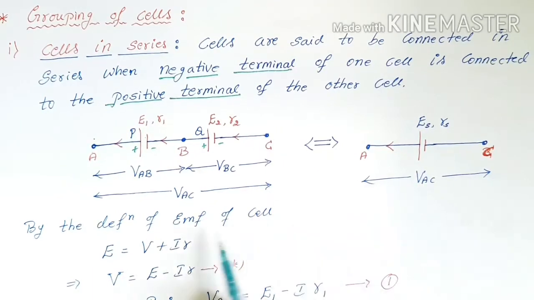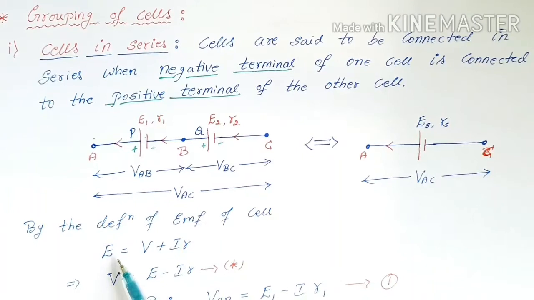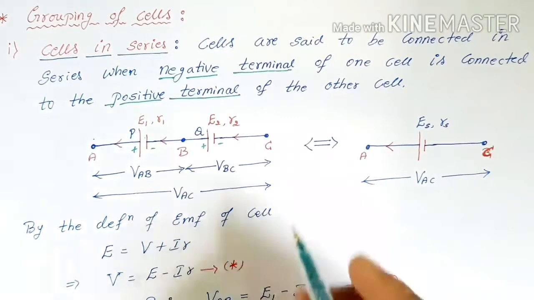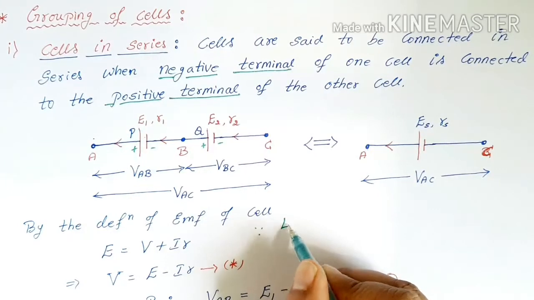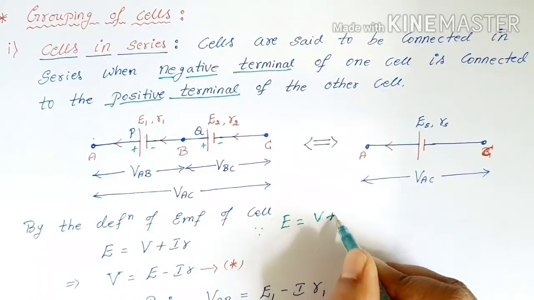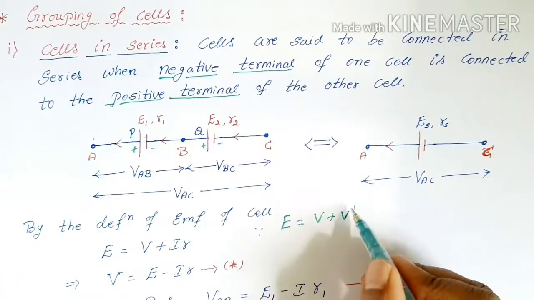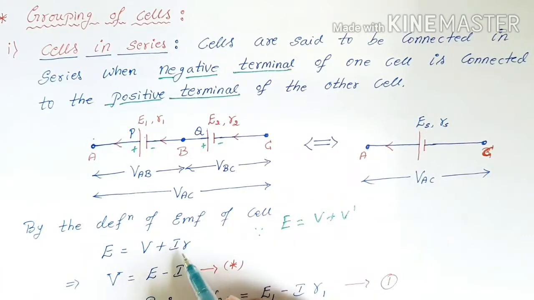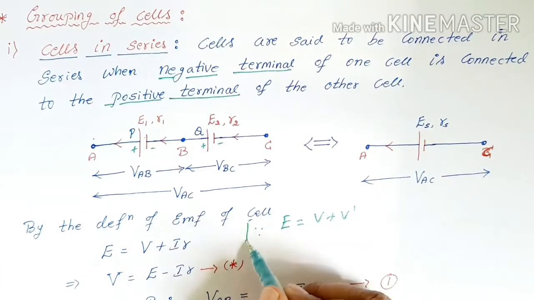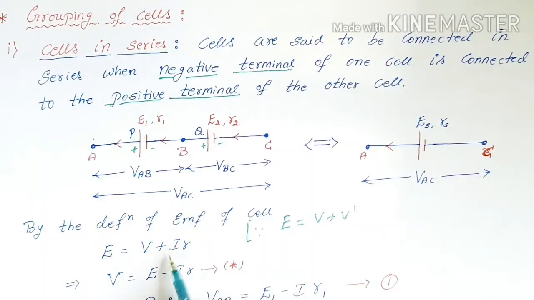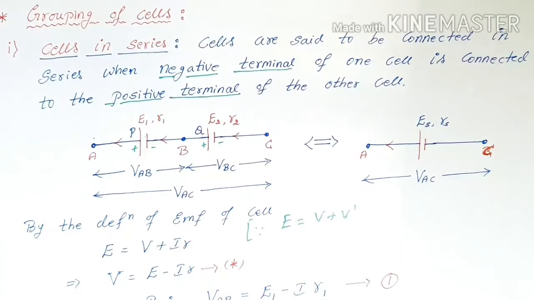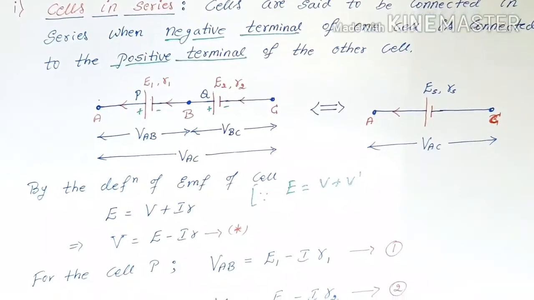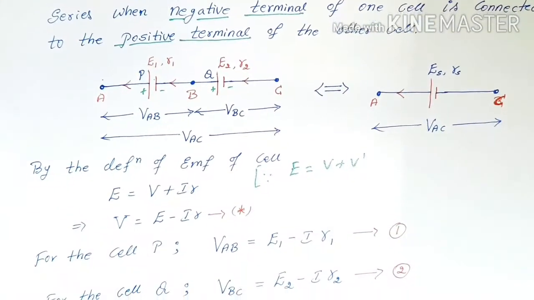So by the definition of the EMF of the cell, I can write this, E is equal to V plus IR, because we derived in the last case E is equal to V plus V dash, and here V dash is nothing but IR, right? In the last case we derived this. Therefore V becomes E minus IR.